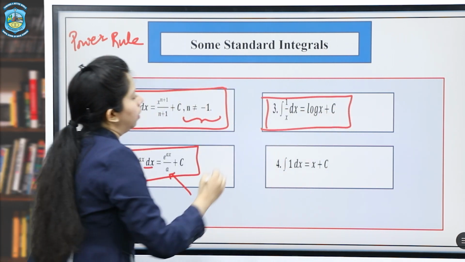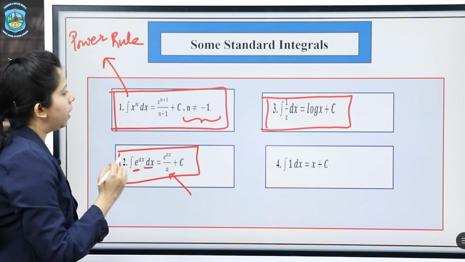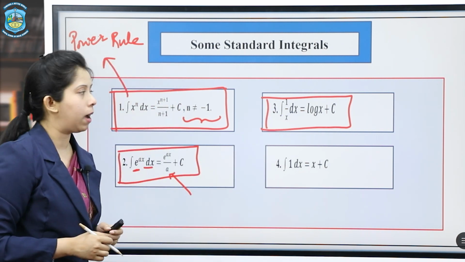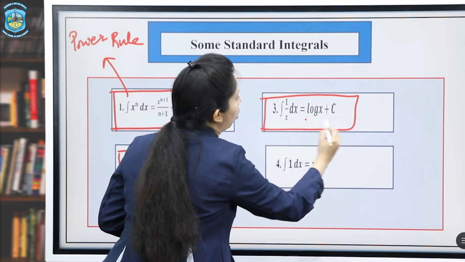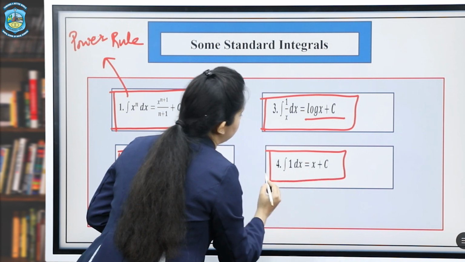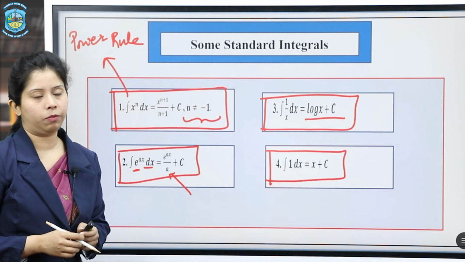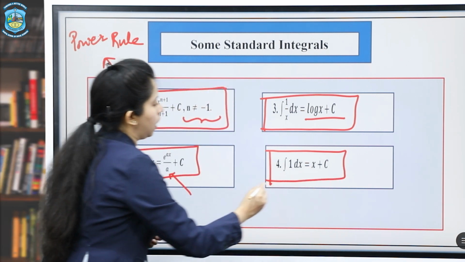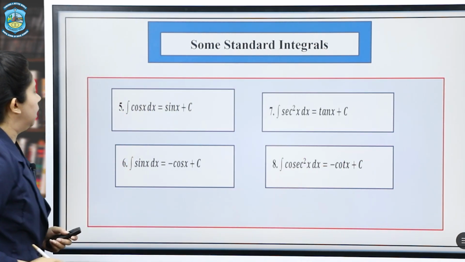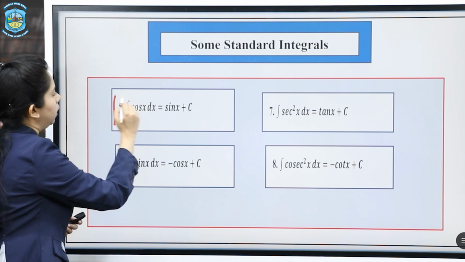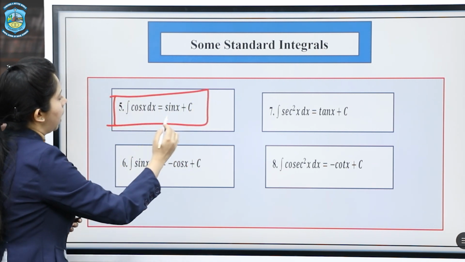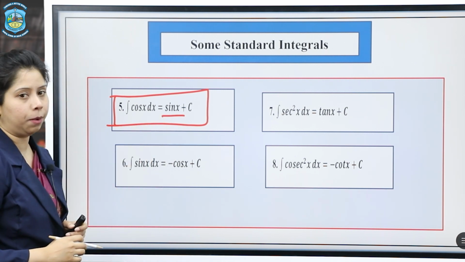Next, the third formula is integration of 1 by x, and that is equal to log x plus c. The fourth formula is integration of 1 with respect to x, and that is equal to x plus c. The fifth formula is integration of cos x dx, and that is equal to sin x plus c.